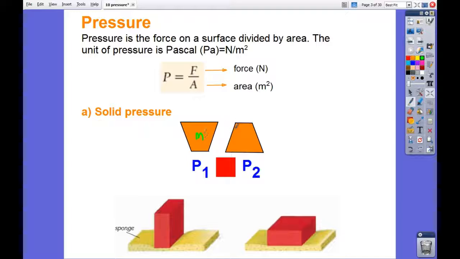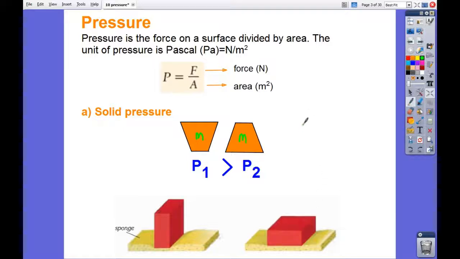If both objects have the same mass m, which one has the greater pressure at the base? Yeah, the answer is 1. As you can see here, a brick that is standing up like this on a sponge will create this deep sink. Well, if you lay it down, it will not make a very deep sink, only shallow.